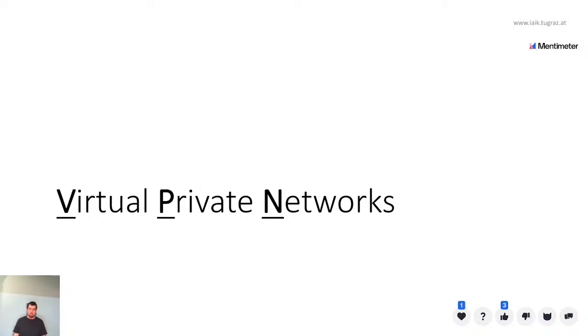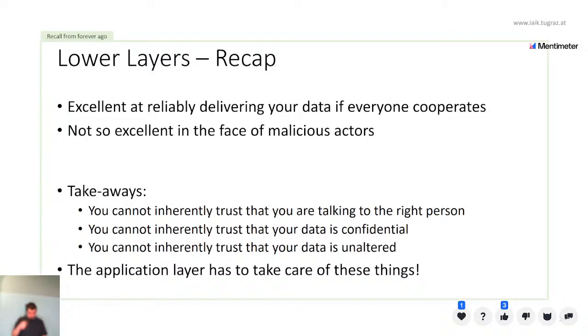So look, in the first lecture, we talked about the network again, and we said we're going to do computer organization and networks, but everybody is evil. And the takeaway we arrived at is that the lower level layers are really good at delivering data.